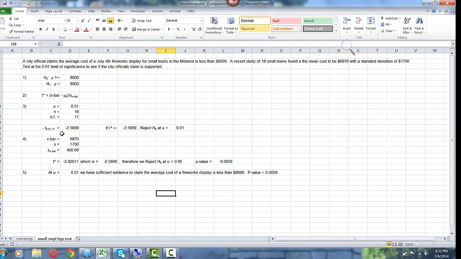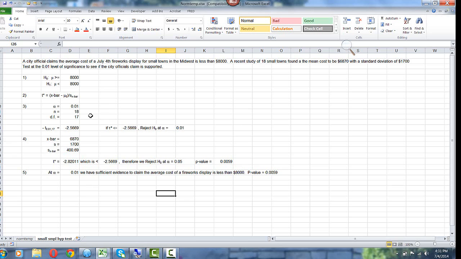Okay, as long as you stay in that row of 1 tail, go over to 0.01, down to 17 degrees of freedom, and then you've got minus 2.5669. And so now you've got a decision rule that should be stated as, if T star is less than or equal to minus 2.5669, reject H naught at an alpha of 0.01.